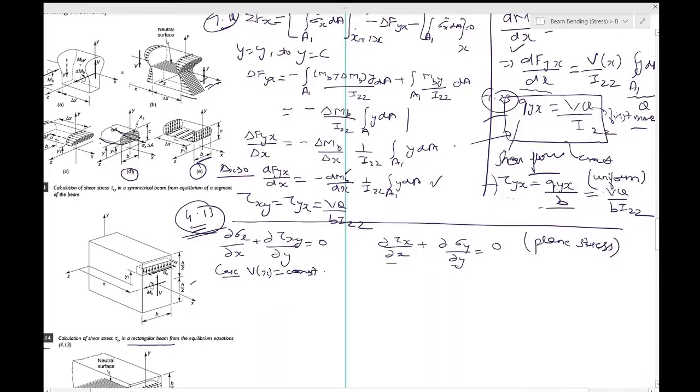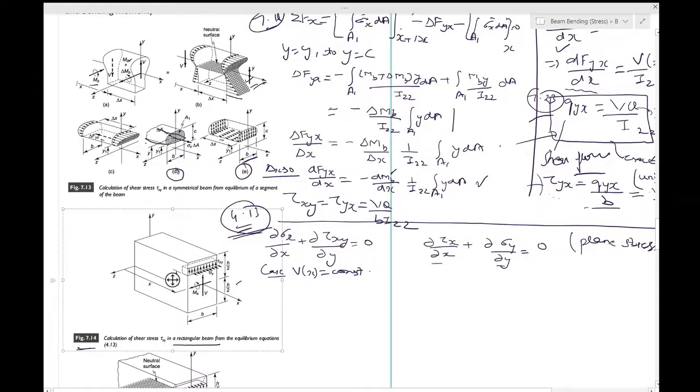If you look at equation 7.8, if you recall, where we had found all the stresses, we had said that sigma y is equal to sigma z is equal to tau yz is equal to 0. So this was assumed.